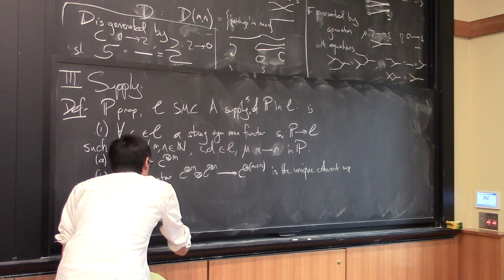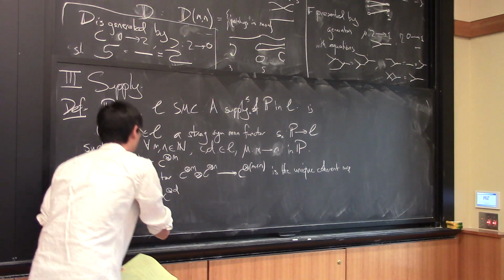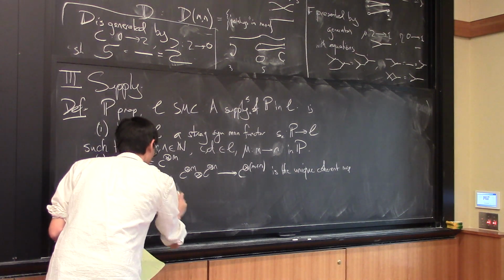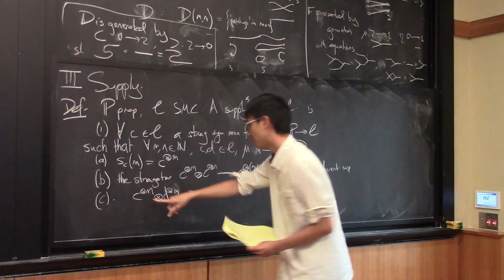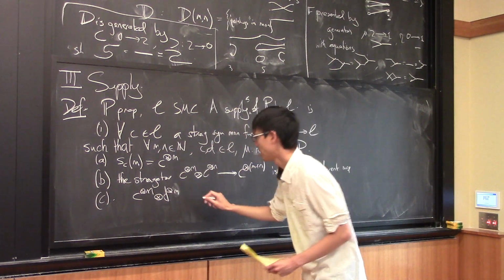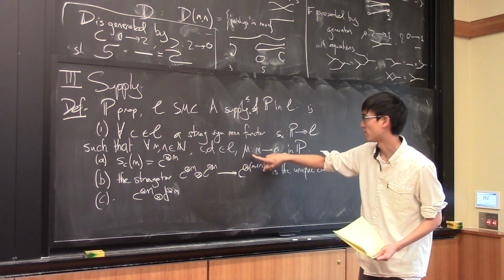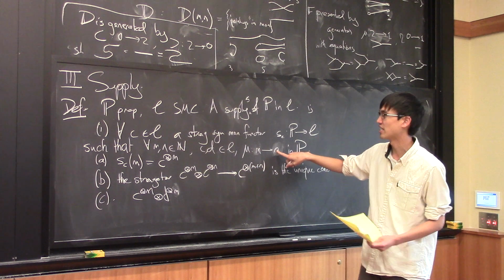So if I have an object C, I get a map from this functor S sub C, when applied to mu, gives me a map from C to the nth tensor power to C to the nth tensor power.